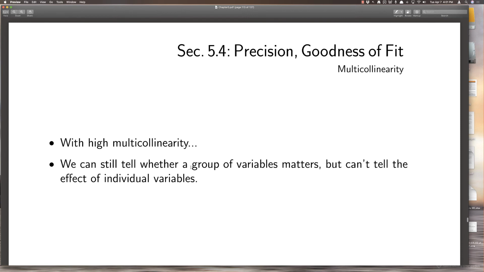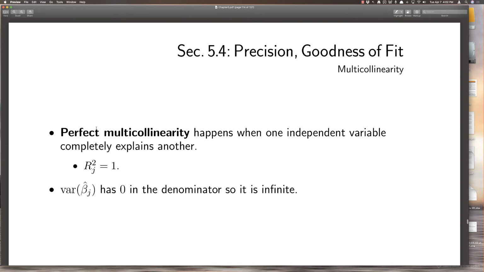You've included control variables, you do the test for multicollinearity, you have multicollinearity, what can I do now? Well, there's a joint hypothesis test you can do where you test the significance of multiple beta coefficients. But perfect multicollinearity is when the r squared j, again, what we care about is r squared 1. We care about the r squared of x1 as the left-hand side variable and the others on the right-hand side.